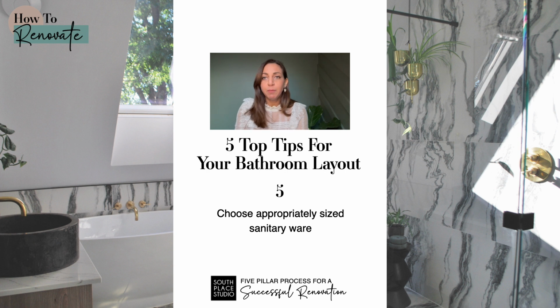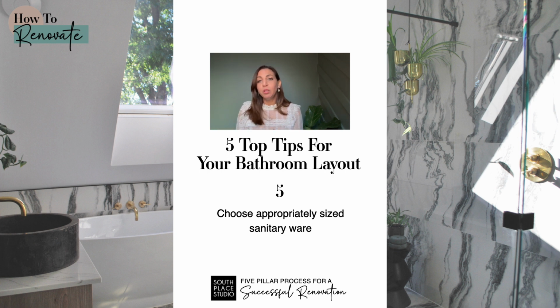Okay, and top tip number 5 is to choose appropriately sized sanitary ware. Choose fixtures that work with the scale of the room. If you're lucky enough to have a nice big bathroom, you can choose a big roll top bathtub, a huge shower, a double vanity.